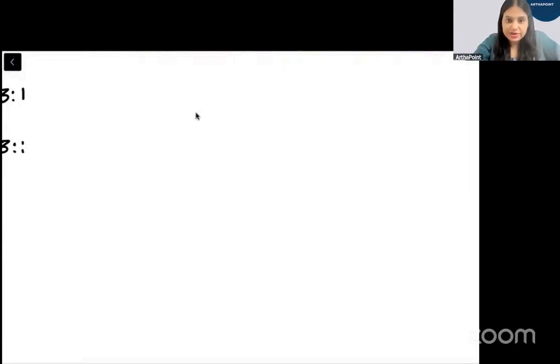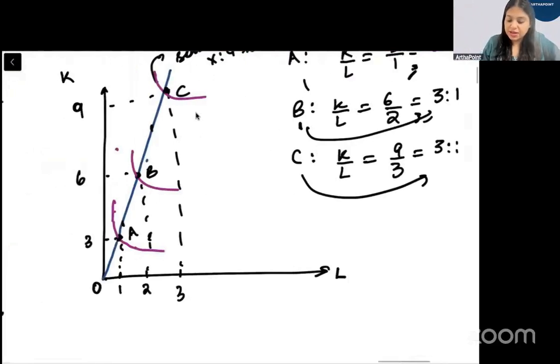Different quantities of labor and capital, yes, but in the same ratio. You notice that labor and capital are used in the same ratio at all these 3 points.